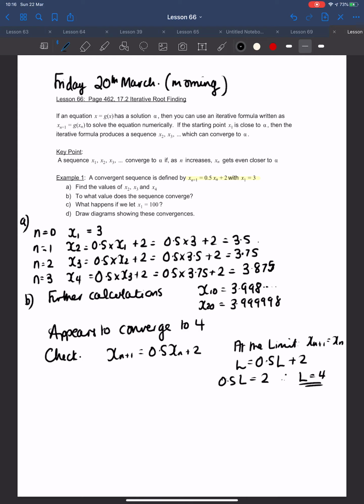Okay, and part c, if we let x1 be 100, x2 is going to be 0.5 times 100 plus 2, which is 52. x3, 0.5 times 52 plus 2, so it's 26 plus 2, which is 28.